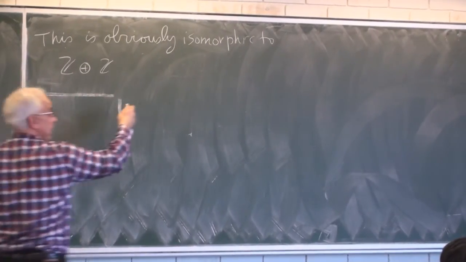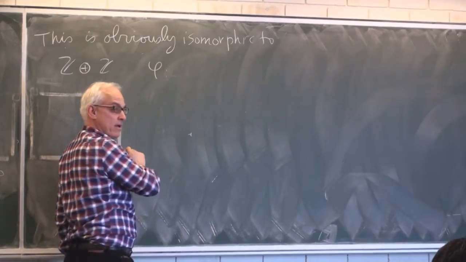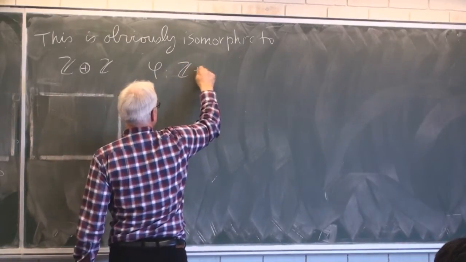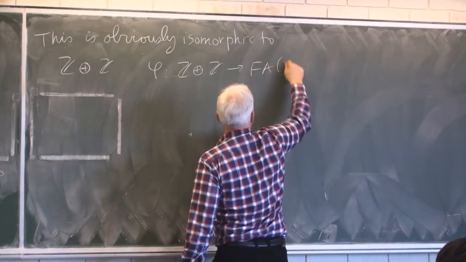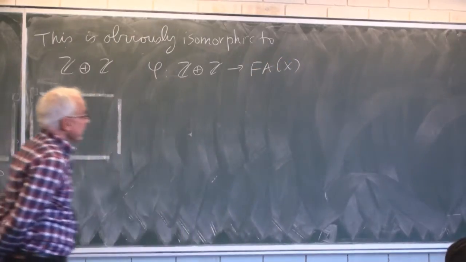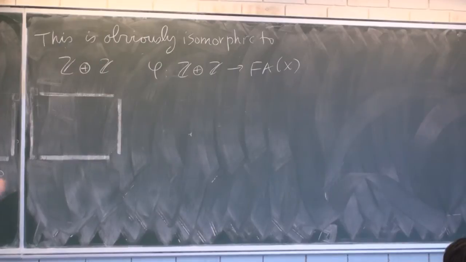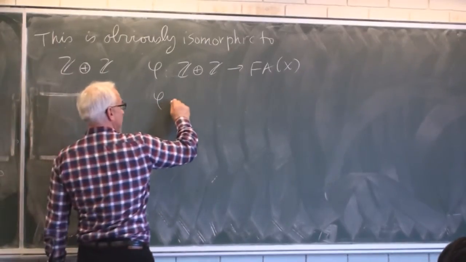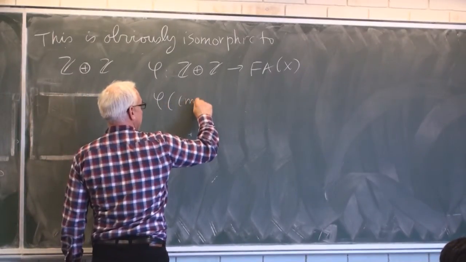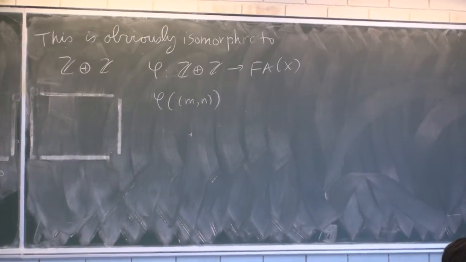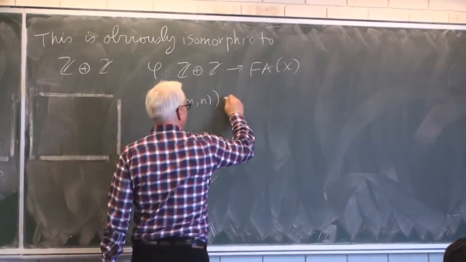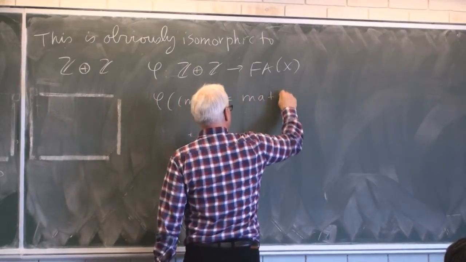And we could make an isomorphism, say phi, from the integers plus the integers to this free abelian group on X by associating, or pairing up, the pair M, N, a pair of integers, to this linear combination MA plus NB.